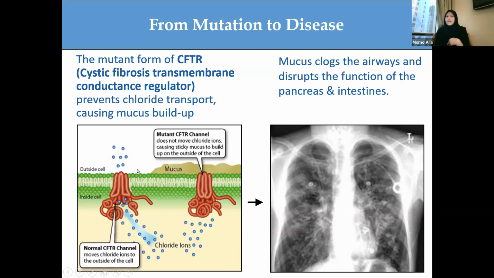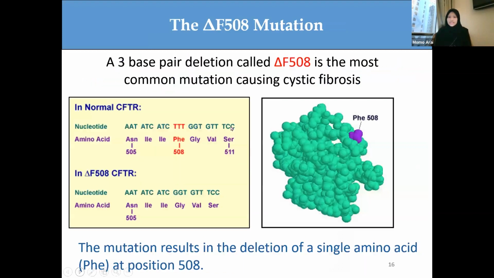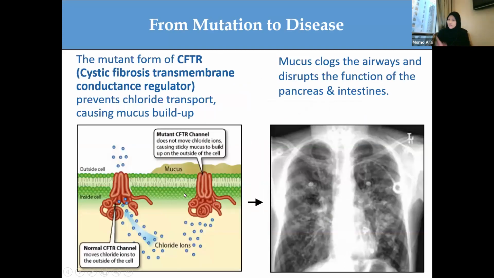But sometimes when there are mutations, for cystic fibrosis the mutation is a deletion. This is the question that I showed you before, but basically there's a base here, phenylalanine, at the 508th position, which gets deleted. So you guys answered all of this. This is deletion, and it gets removed from the whole sequence, and that's what causes this channel to stop working.